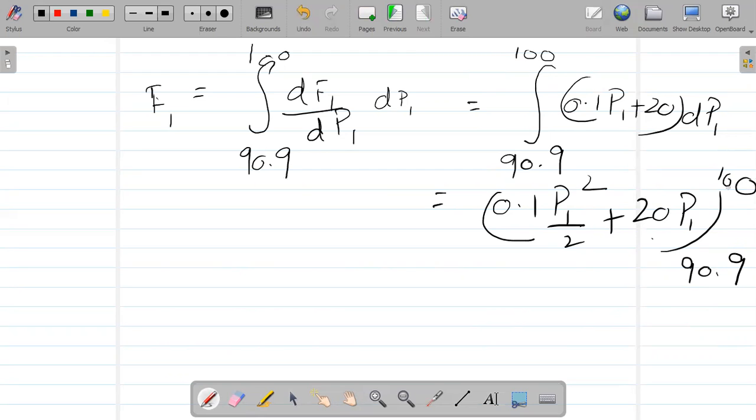When you substitute the values, you will get 268.85 rupees per hour. So the cost of plant 1, that is F1, the fuel cost, equals 268.85, for the two cases we considered.